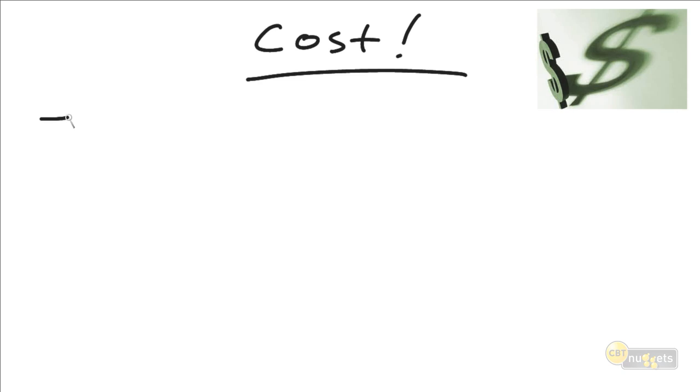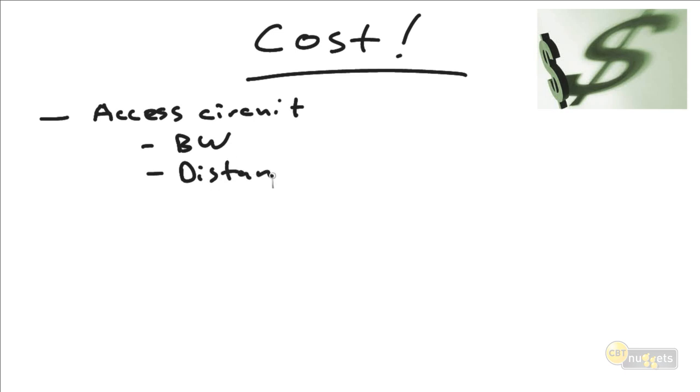Well, keep in mind that this gets pretty complex too. For instance, is the price going to be just based on the particular, what we call access circuit that we are purchasing? And is this going to vary based on bandwidth available? Is it going to vary based on distance? Something else to think about is how long does it take to provision?